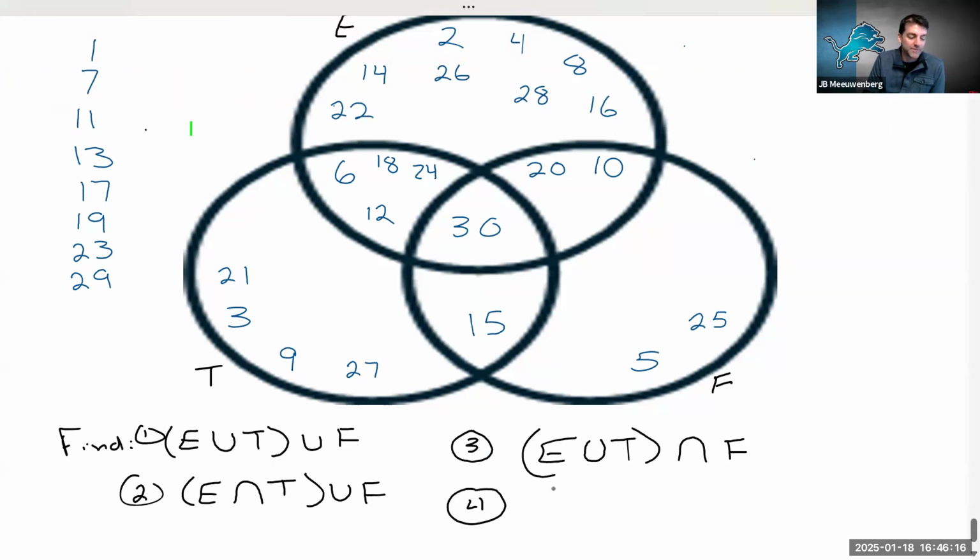Give both of these a shot. You can probably guess, this is E intersect T union F. So go ahead and try both of these on your own and then pause and then come back.